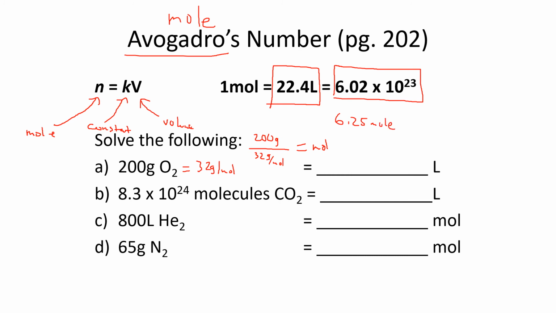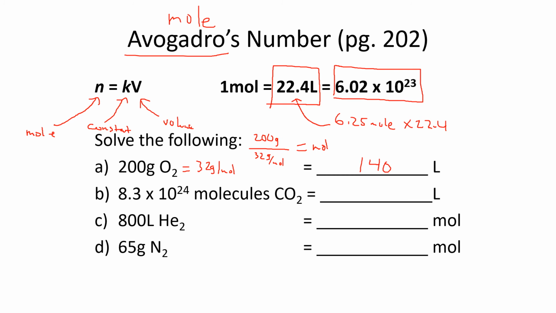So what do you know about every mole? How much volume does every mole occupy? 22.4. There you go. So take the number of moles, 6.25, multiply by 22.4. 140 liters? Yeah, about right. So about 6 moles, 6 times that, 140 liters.